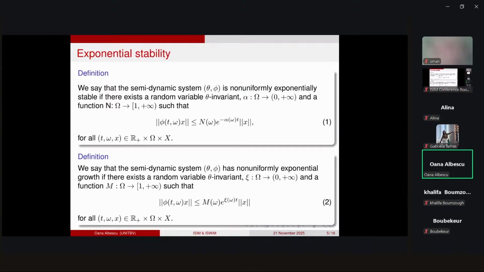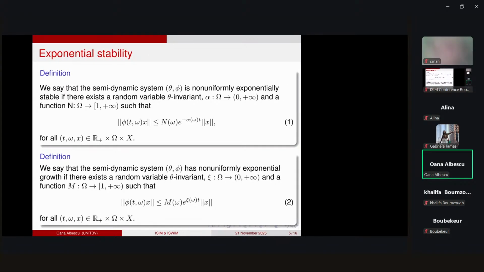In short, these definitions describe whether the system's behavior decays or grows exponentially in a non-uniform random way.